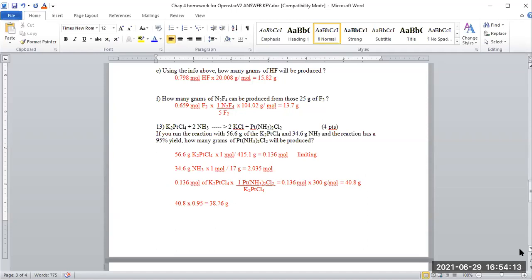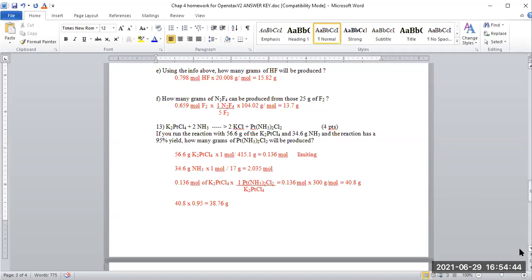I have a pretty small number of moles of that molecule. My ammonia, which only has a molar mass of 17, I've got more than 2 moles of it. So even though I need twice as much, because it's a 1-to-2 ratio, I'm going to run out of the potassium platinum chloride long before I run out of the NH3.